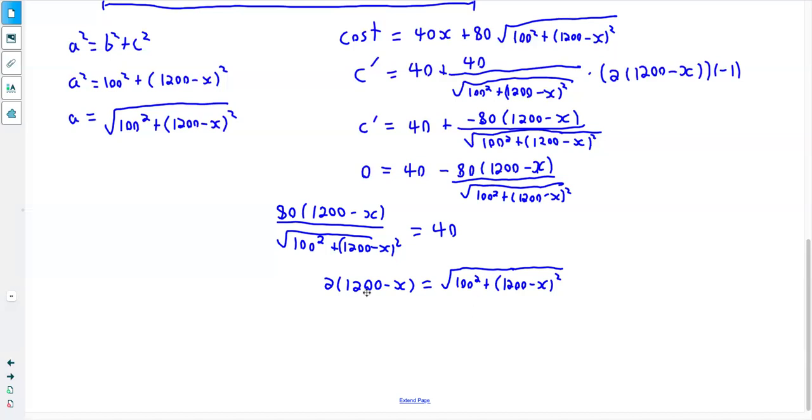Next, I'm going to get rid of the square root by squaring both sides. So that gives us 4 times (1200 minus x) squared equals 100 squared plus (1200 minus x) squared.